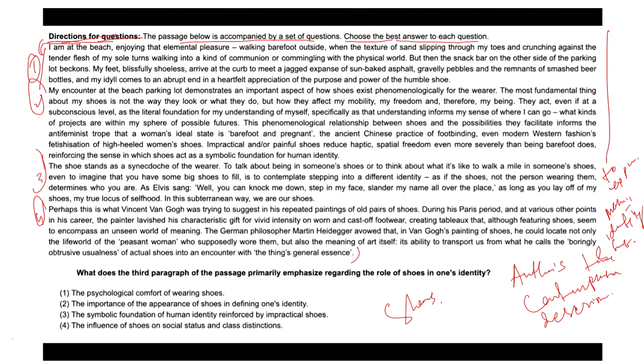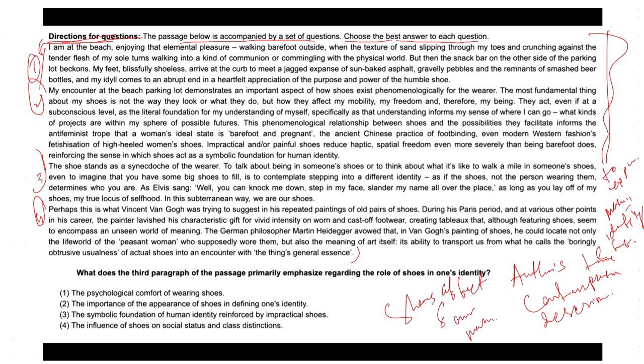Overall, what would be the argument here? The passage presents an argument by highlighting how shoes affect our mobility, freedom, and self identity. It argues that shoes are more than just functional items.